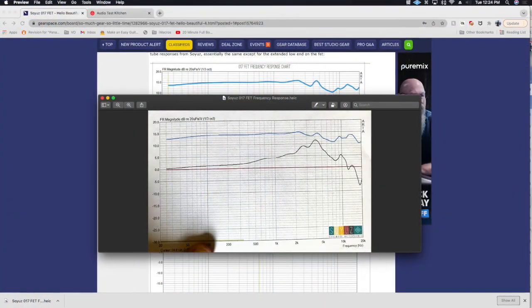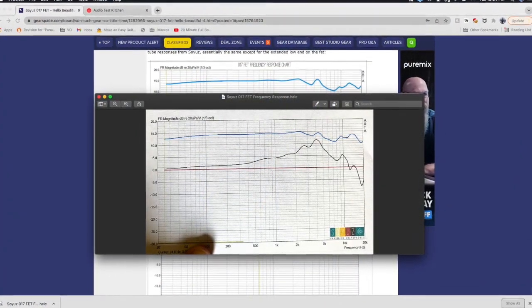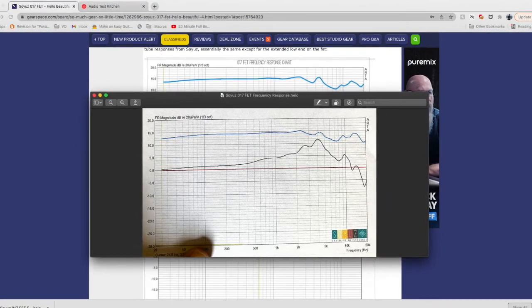So if I look at the plotting for the 017 FET, the one that Soyuz has on their website, and I hold it up next to the graph that they gave me, I notice there's a vast similarity.